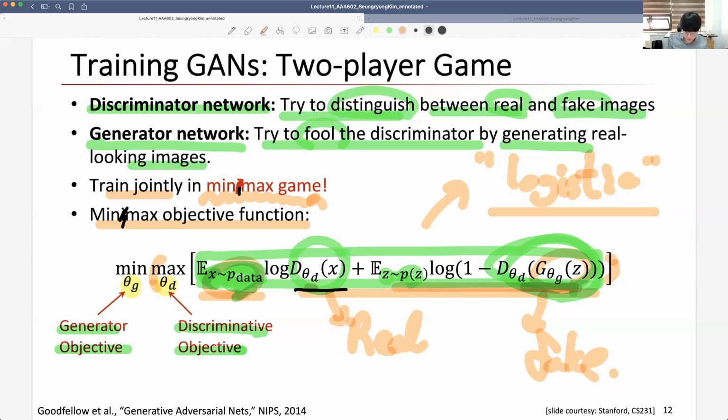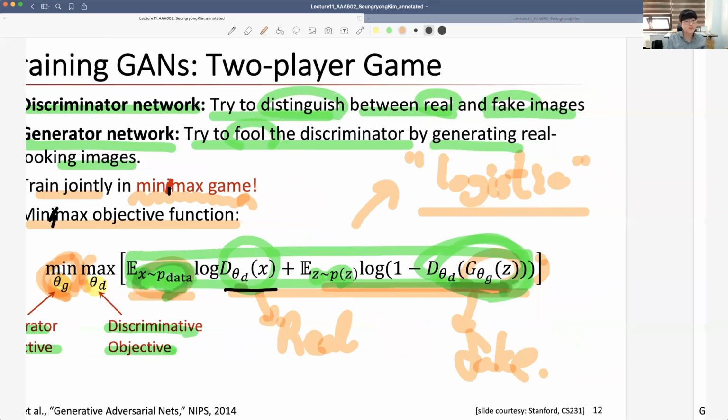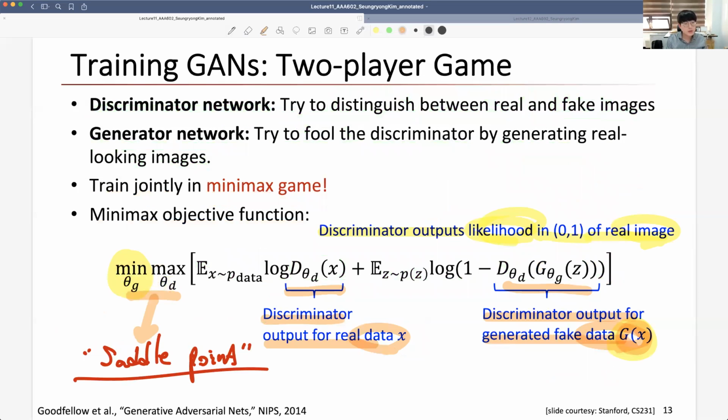The main difference is that to train the generator, we try to fool the discriminator to make real-looking fake images. So the generator objective is a minimization problem with respect to theta g. This is the minimax objective function. As we discussed previously, theta g and theta d form a saddle point, because this is a minimax objective function.